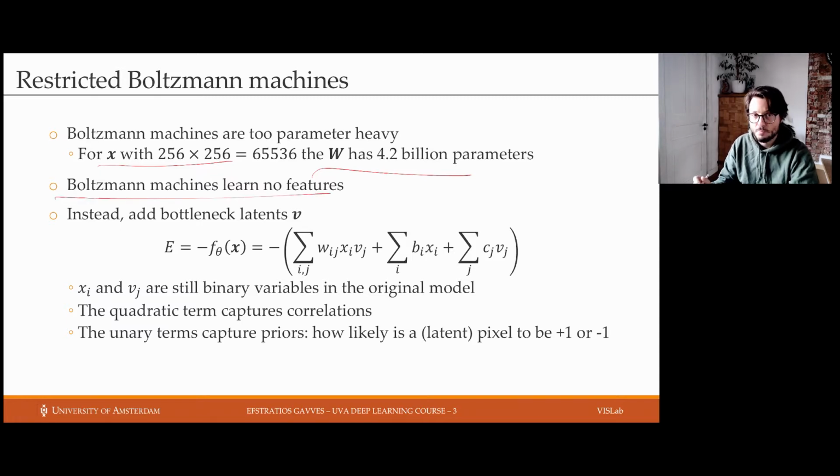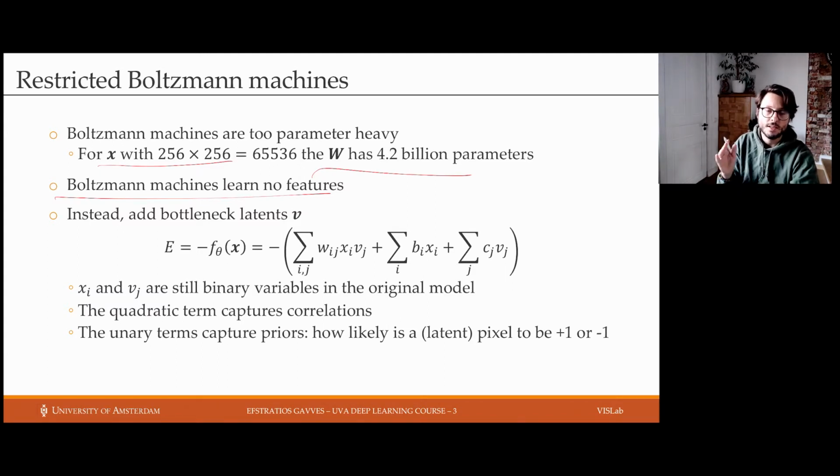What is more, Boltzmann machines do not learn features. They don't have latent variables, which we can train such that they capture specific patterns in the data. So what we can do is take a Boltzmann machine.